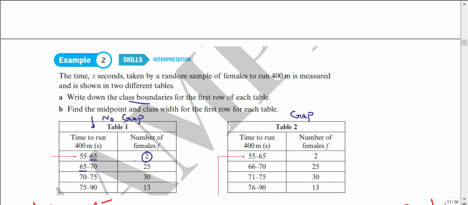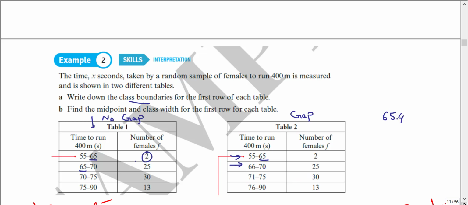While in the second table, there is a gap. How? As you said, the first one ends with 65. The second one starts with 66. So my question is, how about a runner with time 65.4? She belongs to which group? To this one or that one? It's not clear.